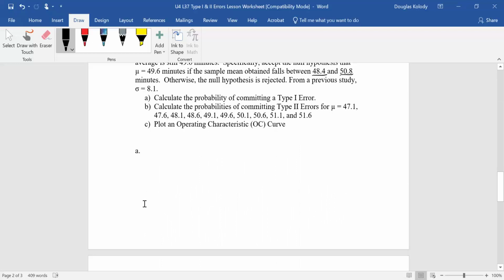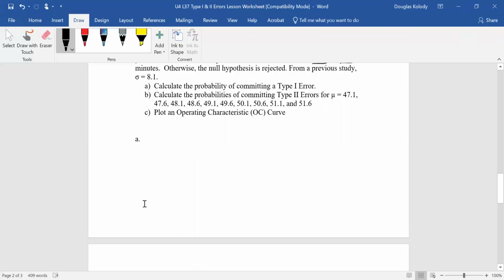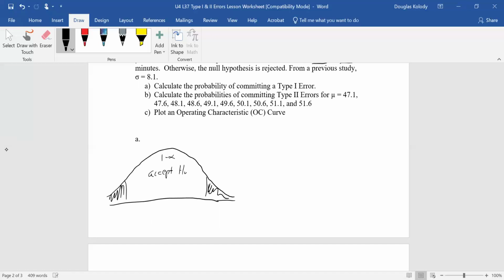All right, so first thing I'm going to do is part A, type 1 error. I'm going to draw myself a little picture here. Okay, remember, this is the same picture that we've been drawing all along. Okay, so in this area right here is still 1 minus alpha. This is the area where you're going to accept H0.